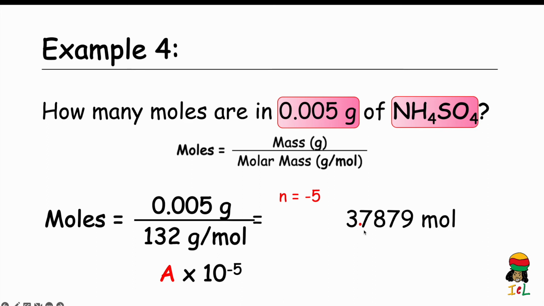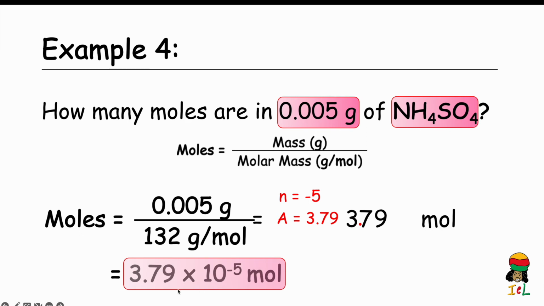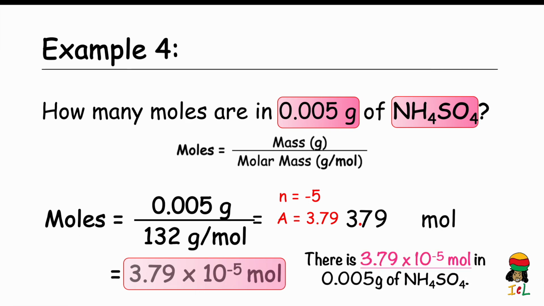That is, to have 2 digits behind the decimal point, we draw an imaginary line. Since the number after the imaginary line is greater than 4, we add 1 to the number in front of the imaginary line. So as a result, a is equal to 3.79. So the number of moles would become 3.79 times 10 to the -5 mole. Therefore, 3.79 times 10 to the -5 mole of ammonium sulfate is found in 0.005 grams.